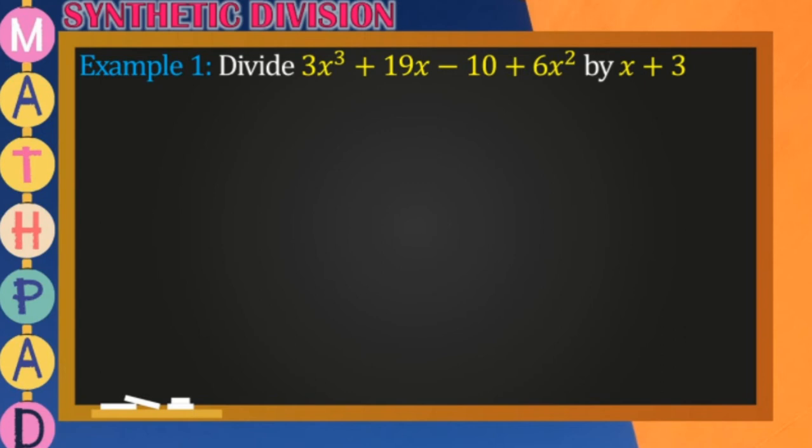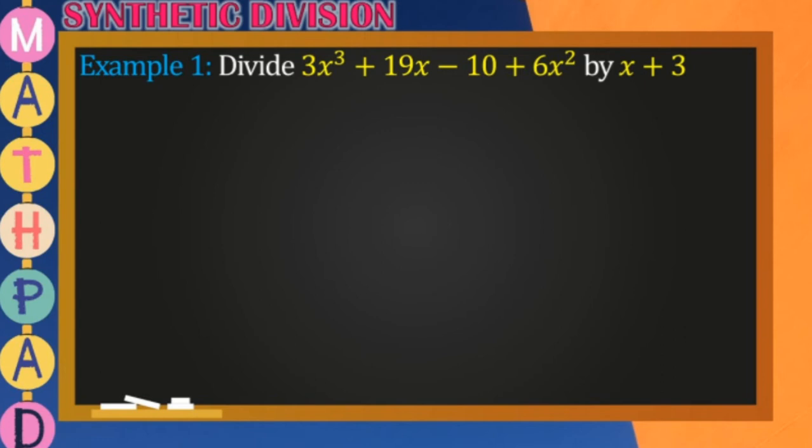Kasi kapag nagkamali na tayo sa sign, okay, sa rule ng sign numbers, mamamali na tayo ng sagot. Okay? So, pero kagaya sa long method, ang unang step, we have to check the given polynomials. No? Dapat nakasulat sila sa standard form. At kapag may missing term, i-replace natin by 0.